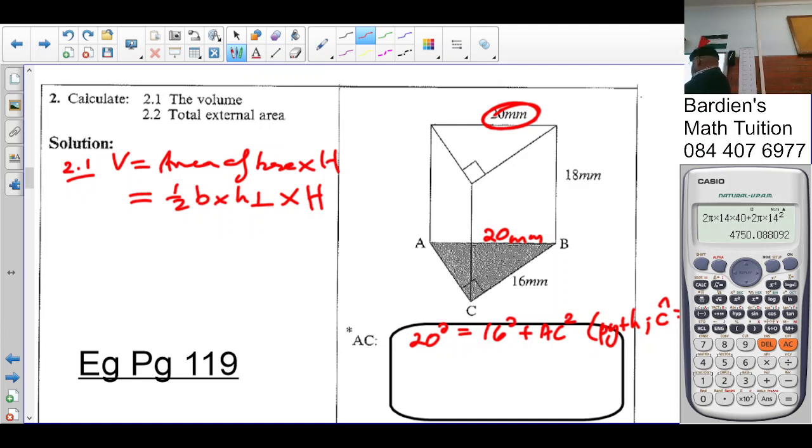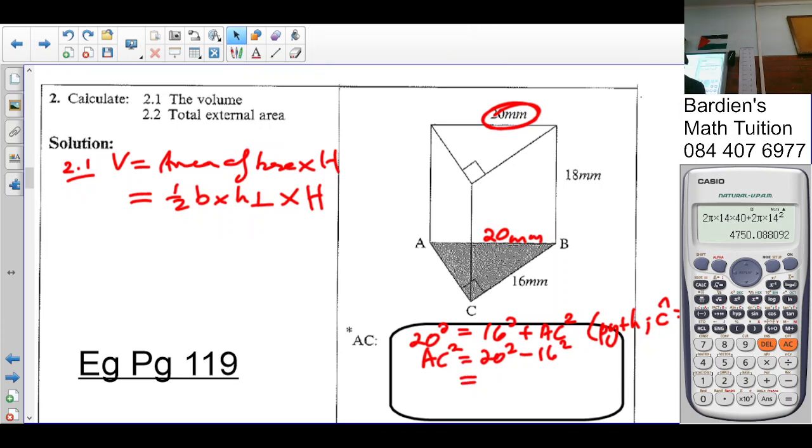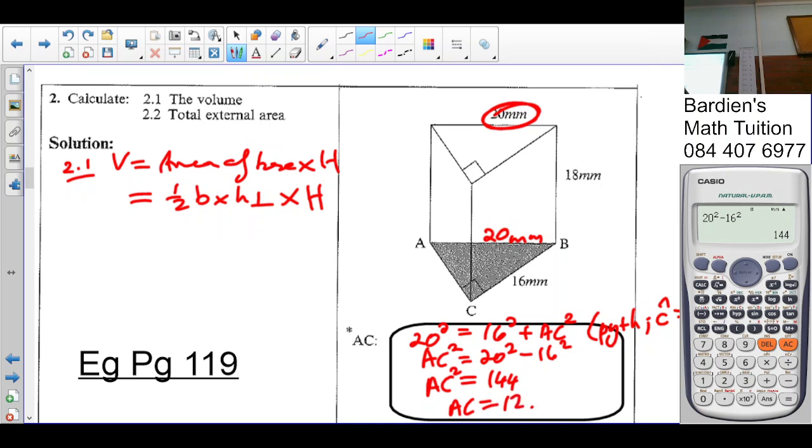So we're going to get AC squared is equal to 20 squared minus 16 squared. They give you 144. AC squared is 144. The square root thereof is going to give you 12 millimeters.